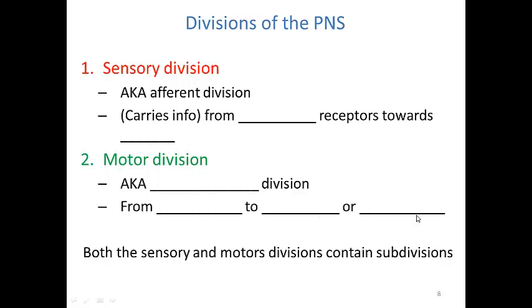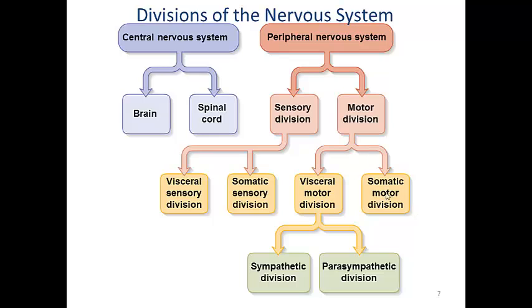Both the sensory and motor divisions themselves contain subdivisions. So coming back to this picture to show you this, the sensory division here has subdivisions called visceral sensory and somatic sensory. And the motor division will have subdivisions also called visceral, but in this case motor, and then somatic motor. If you recall, that term visceral means guts.